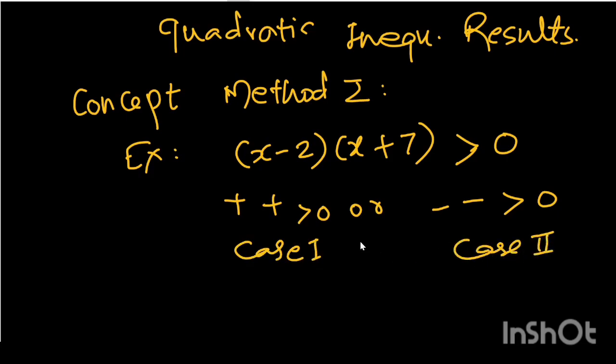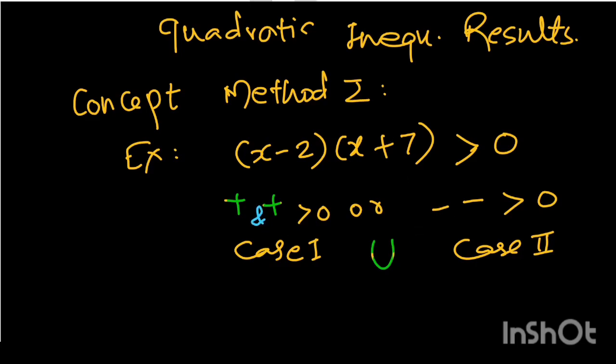As you can see here, or means union. So whatever results we obtain from case 1 and case 2, we will take the union of the two cases. Within case 1, when we solve the first inequality and the second inequality, both should be positive, so we will use and.